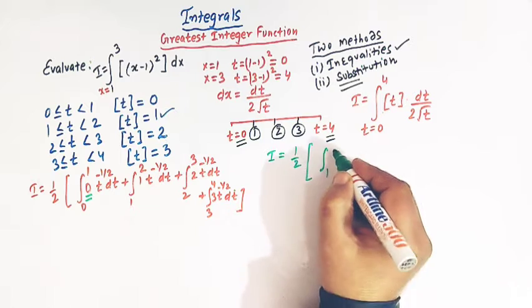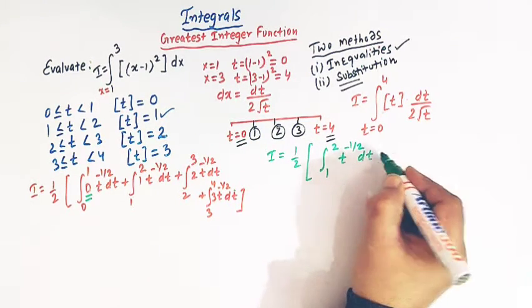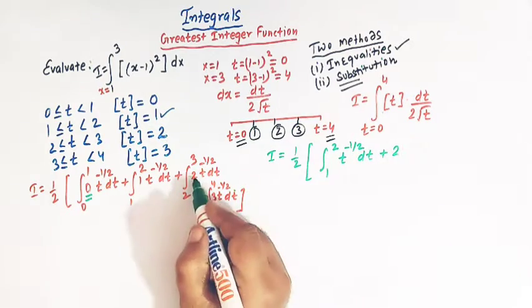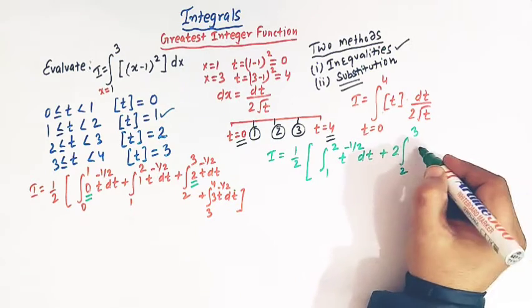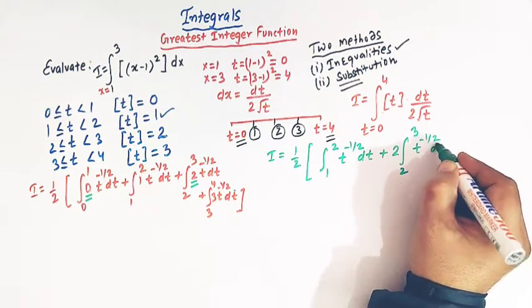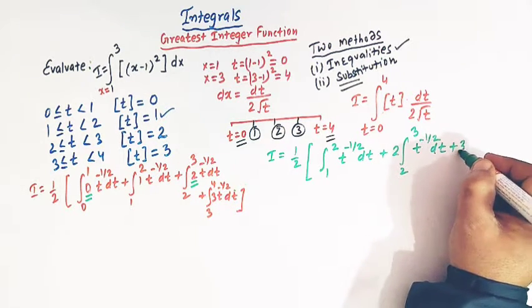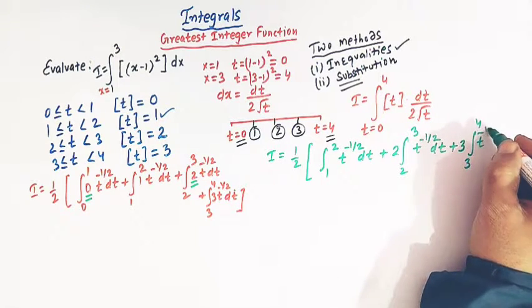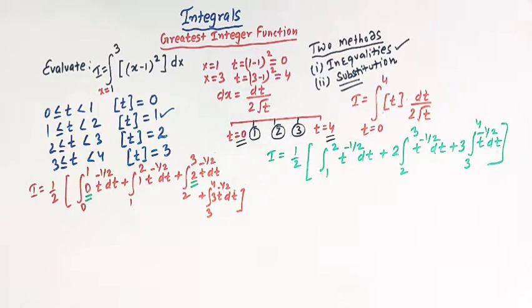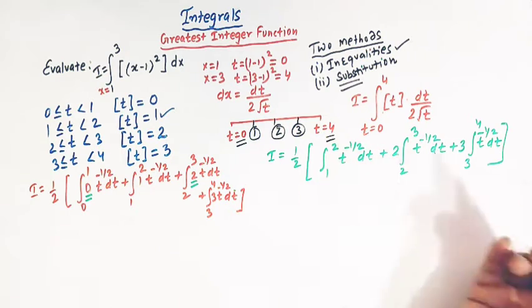Now we have the integral from 1 to 2 of t raised to minus half dt, and then 2 times the integral from 2 to 3 of t raised to minus half dt, and the fourth integral is 3 times the integral from 3 to 4 of t raised to minus half dt. So now we have a very simple integral.